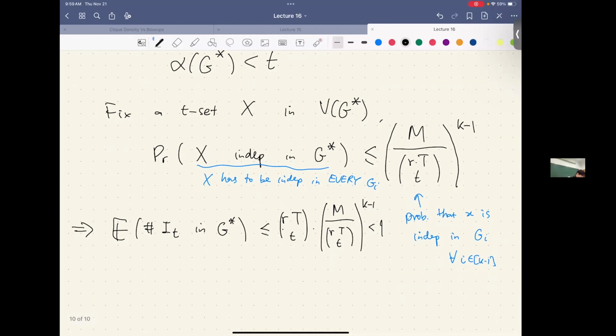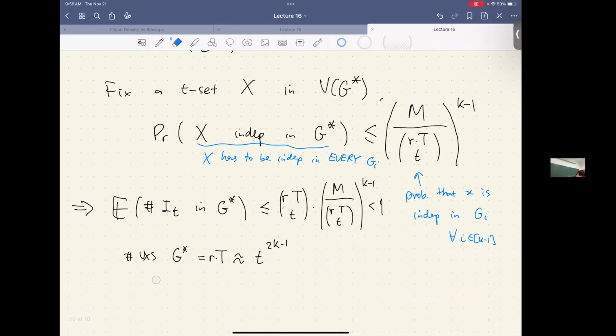So recall, the number of vertices of G star is R times T, which is roughly T to the 2K minus 1.